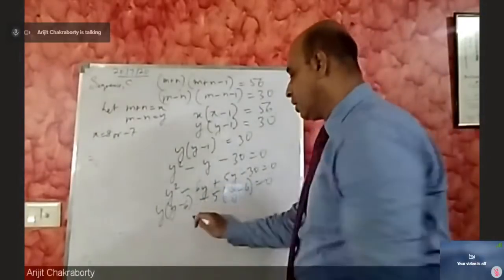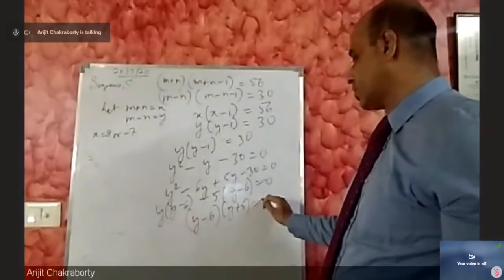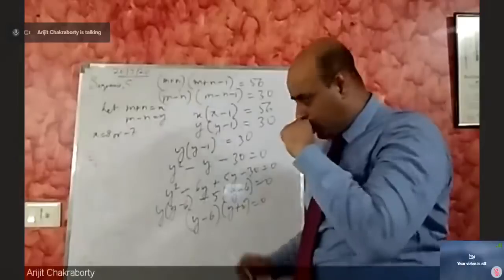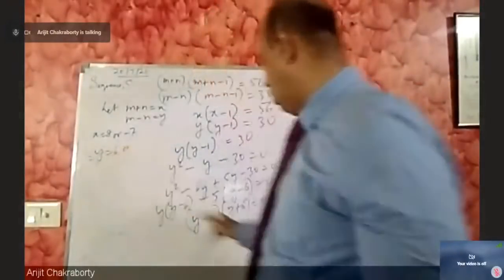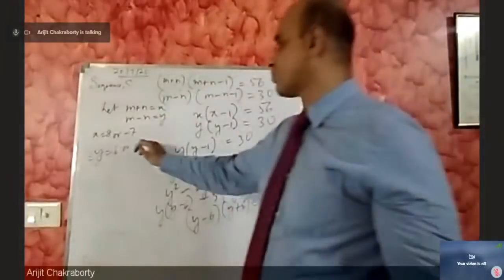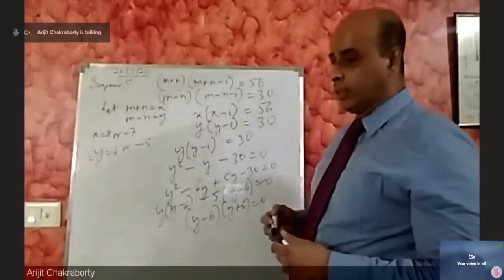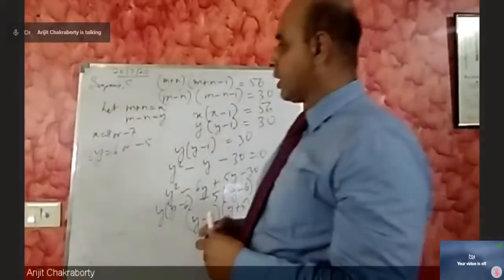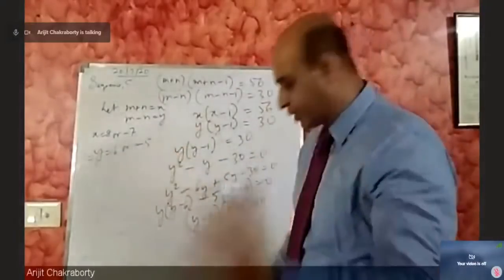So you are getting y minus 6 into y plus 5 equals 0. So y is either equal to 6 or y is equal to minus 5. From here you can see that minus values we will not take.